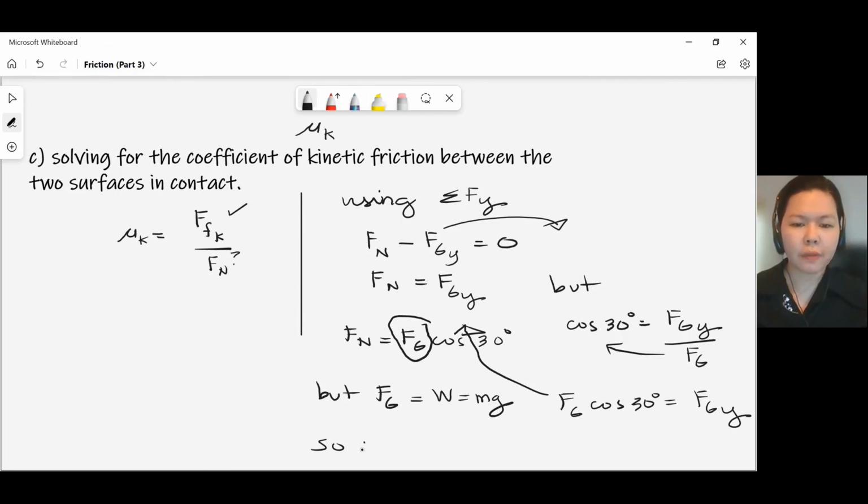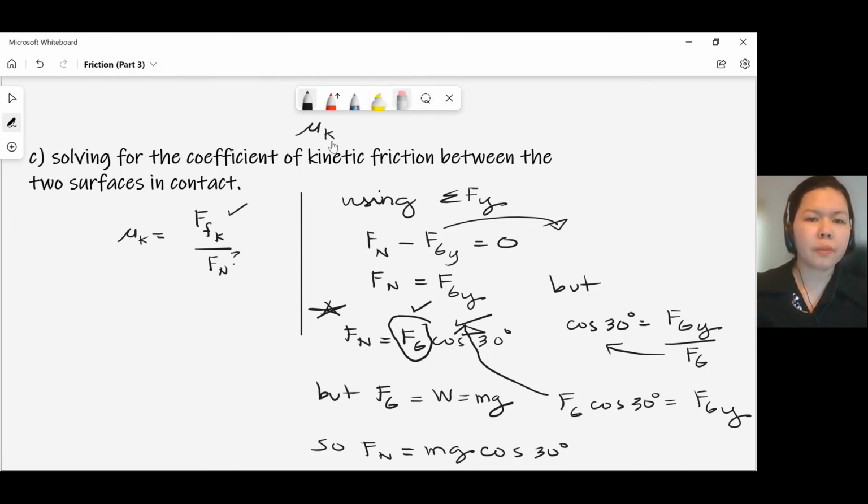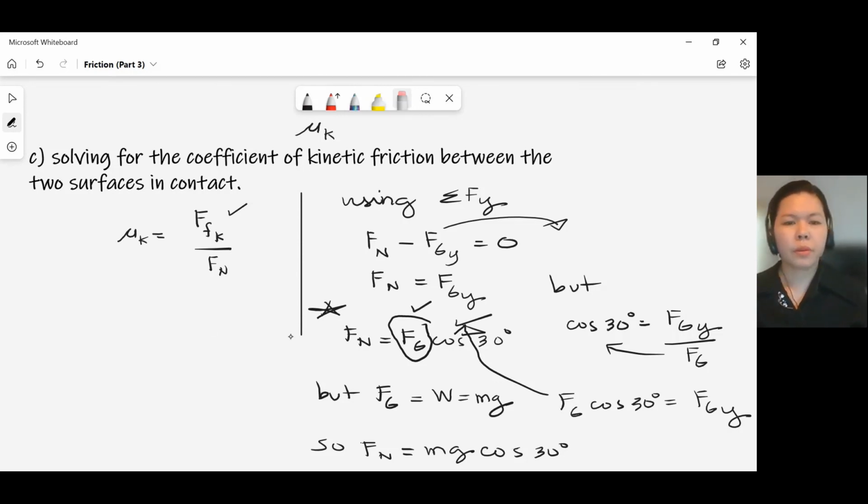So Fn is now Fg, weight, equals mg, copy cosine 30 degrees. This is now our Fn. So we now have our Fn. We finish calculating our mu k on the left side of our panel.